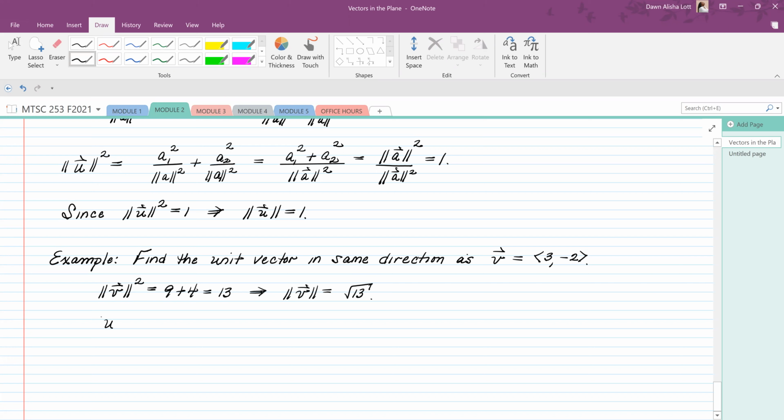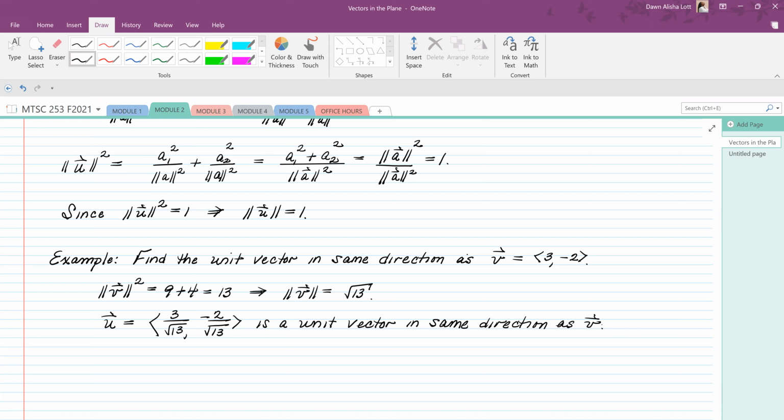So therefore u equal to 3 over the square root of 13, comma, -2 over the square root of 13 is a unit vector in the same direction as v.